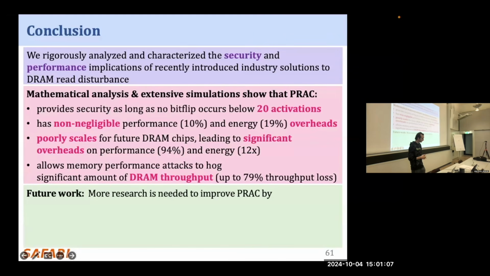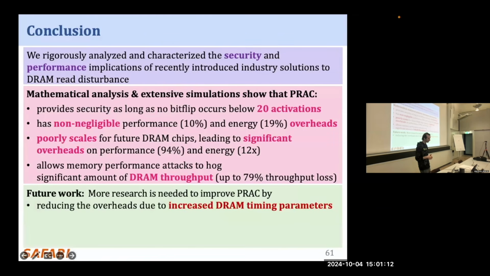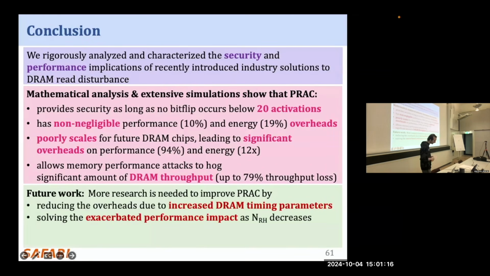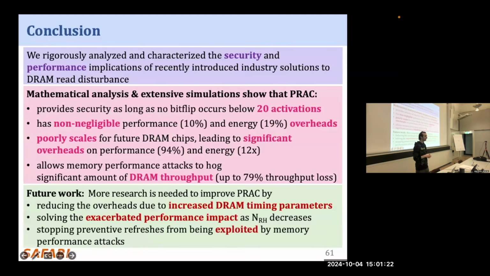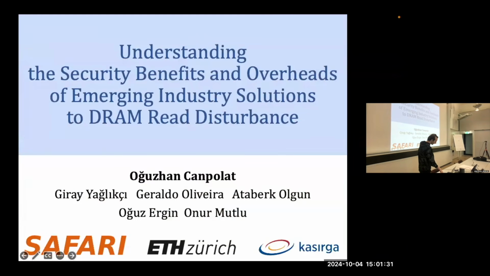We conclude that more research is needed to improve PREC by first reducing the overheads due to increased DRAM timing parameters at high RowHammer thresholds, solving the exacerbated performance impact due to wave attack as RowHammer thresholds decrease, and stopping its preventive refreshes from being exploited as memory performance attack vectors across all RowHammer thresholds, basically.